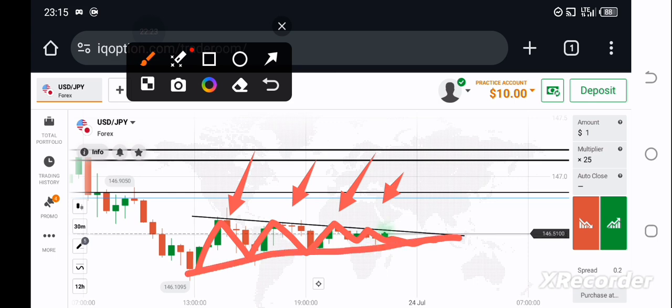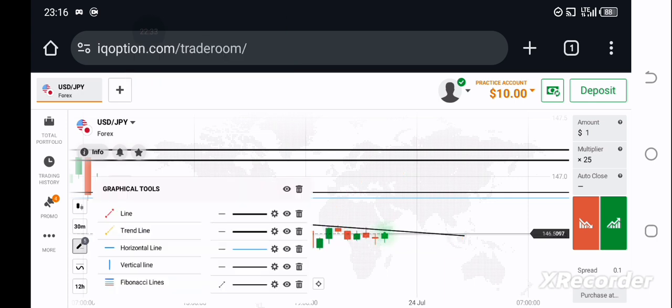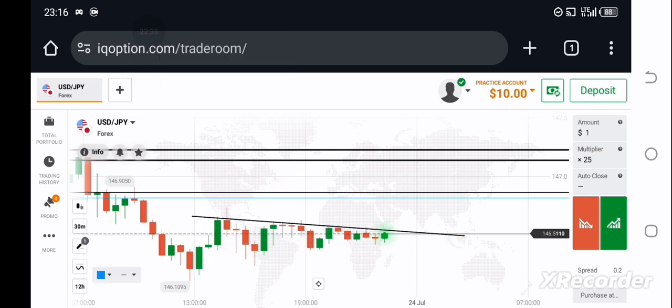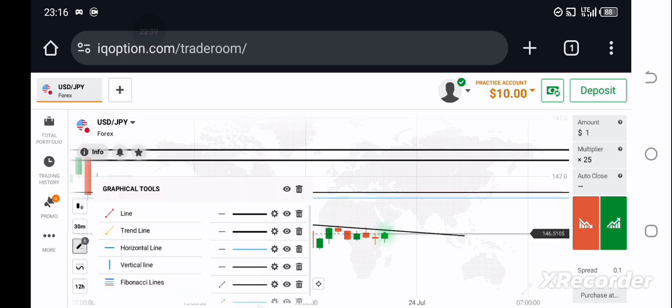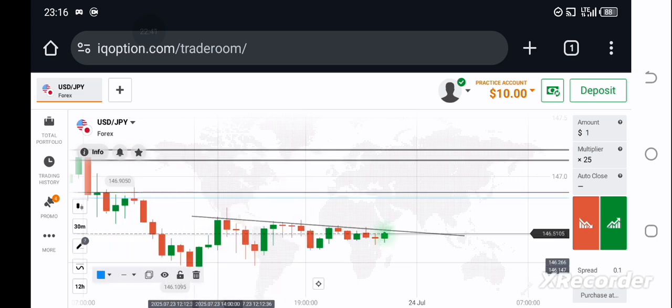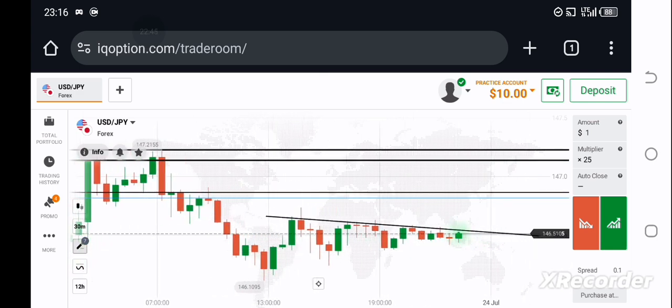If you plot it, this is what we call a descending triangle. Okay, the market has formed what we call a descending triangle. So a breakout in either direction, especially on the lower side, will give you a clear direction of the next market situation.